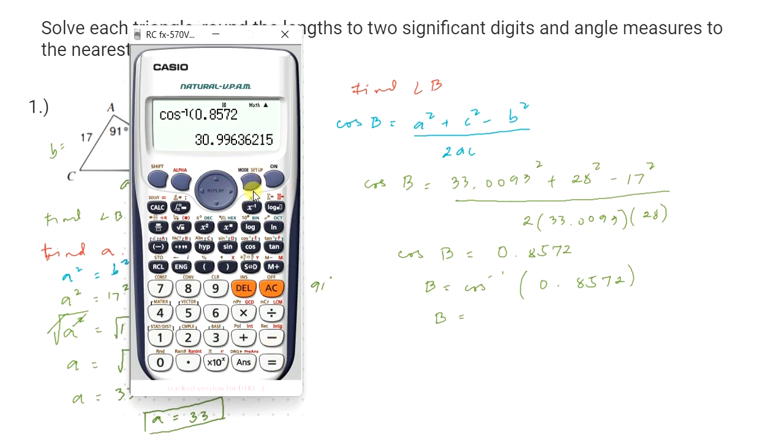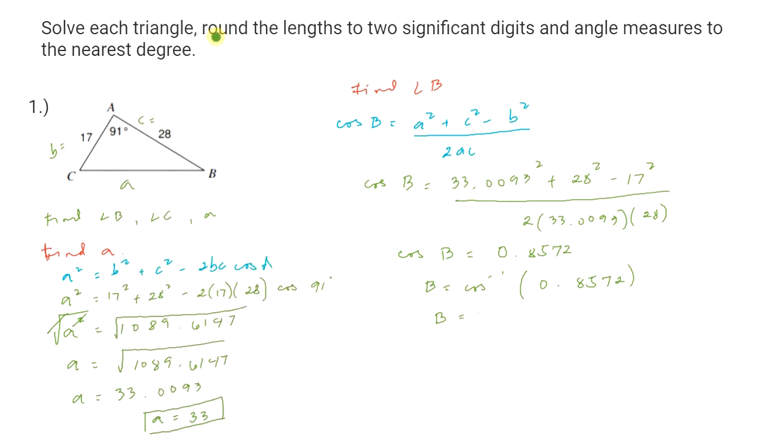So since we are asked to give our angle to the nearest degree, therefore our angle B is equal to 31 degrees. So we have now the value of our angle B.